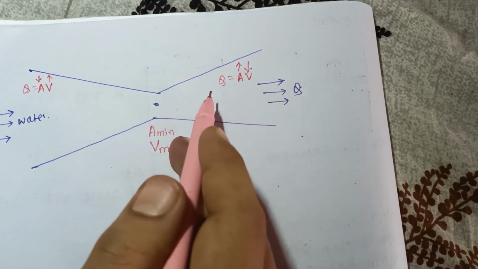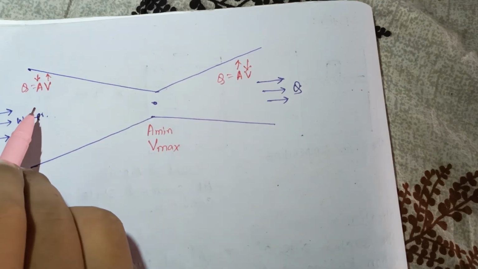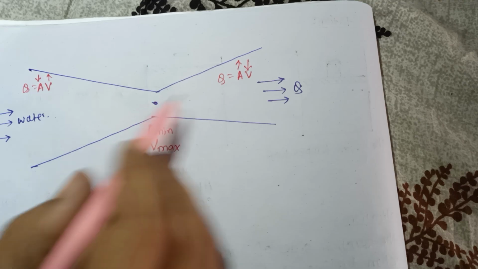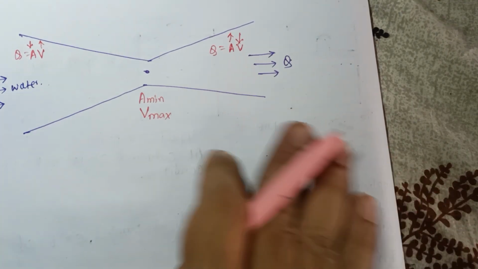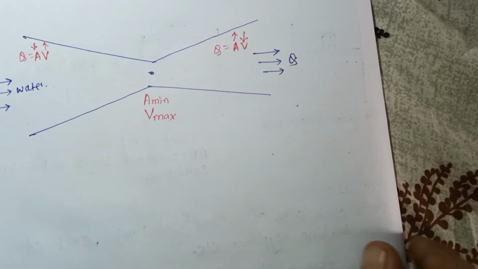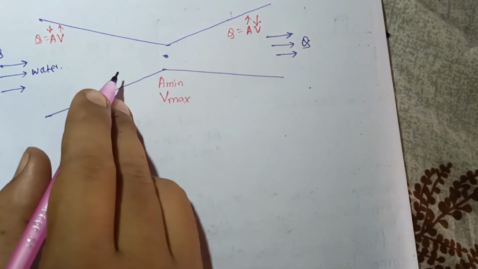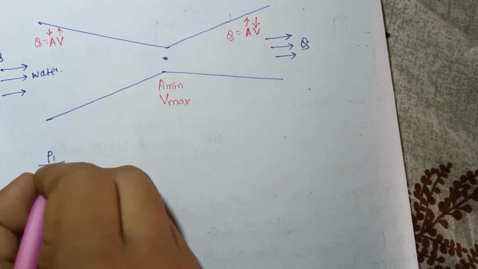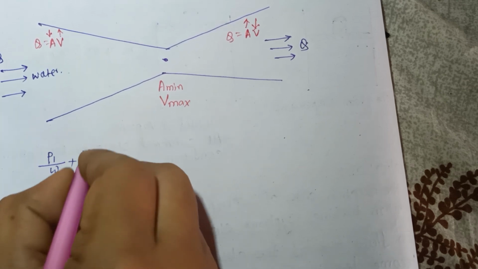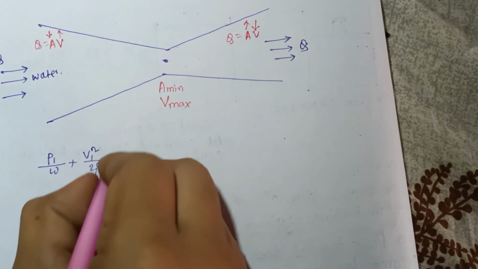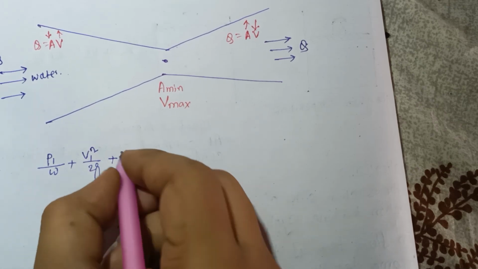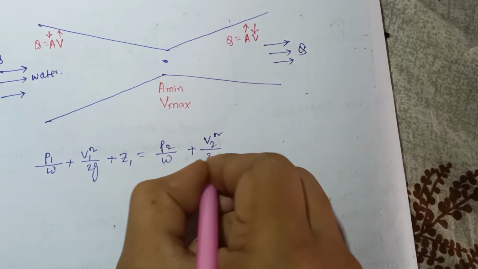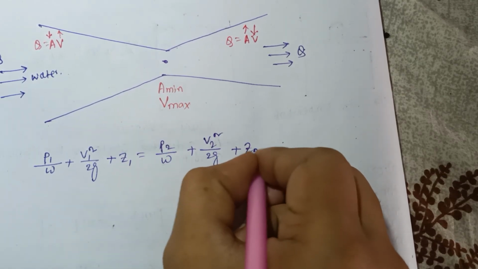Now if you measure the pressure, here the pressure will be minimum. Why will this pressure be minimum? If we write the Bernoulli equation for any two points, we know that P1 by omega plus V1 square by 2g plus z1 is equal to P2 by omega plus V2 square by 2g plus z2.